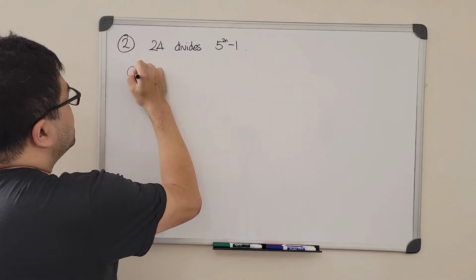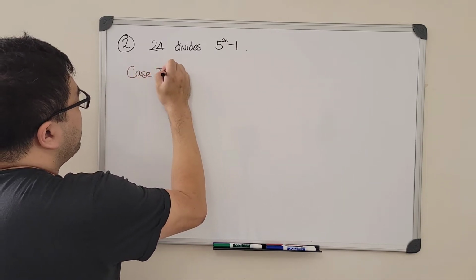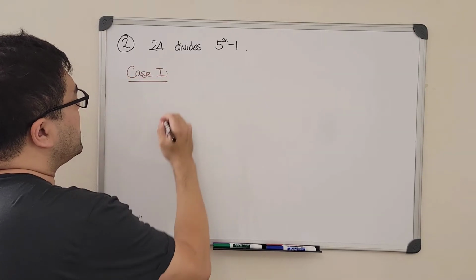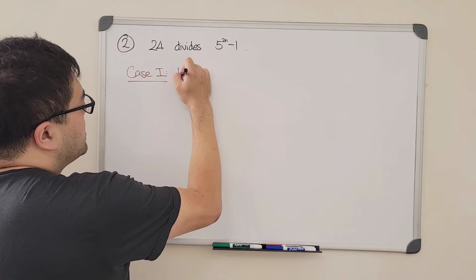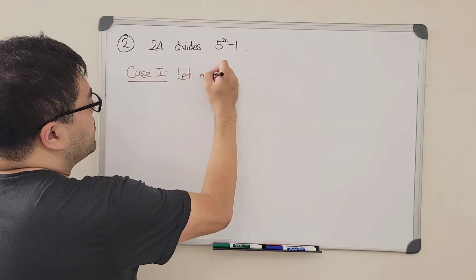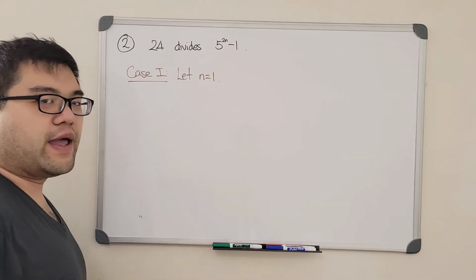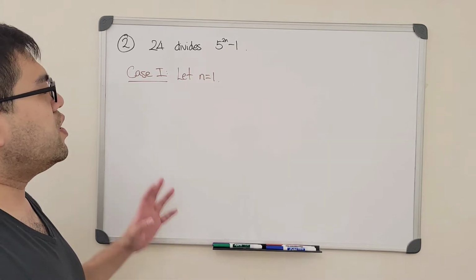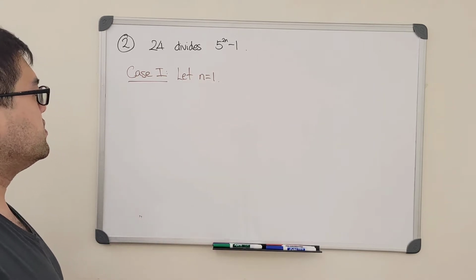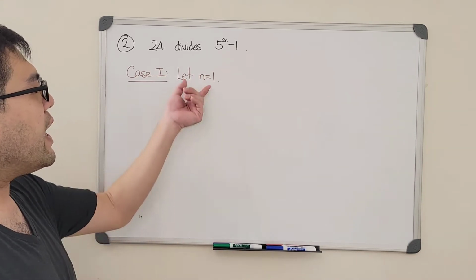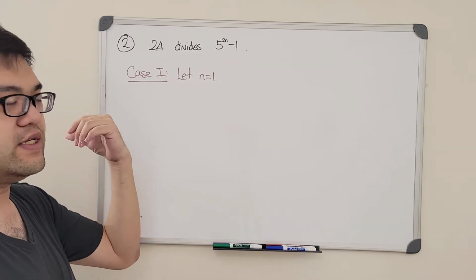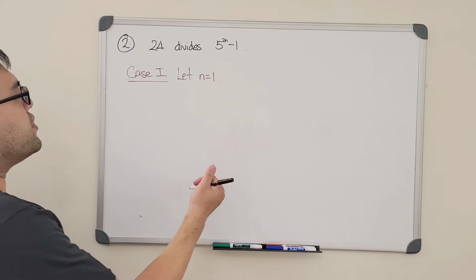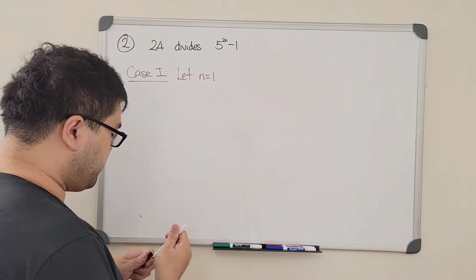First, I'll set case 1. In case 1, I'll say let n equal 1. And why would I do this? Well, once we move on to the second case, you will see why I will separate out the n equals 1 case as an individual. So let's see what we will get.